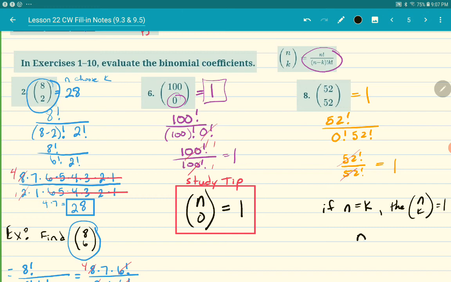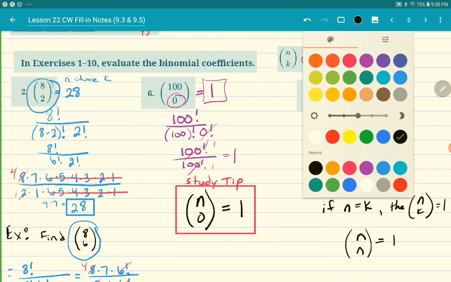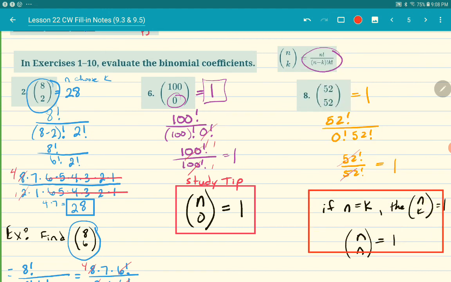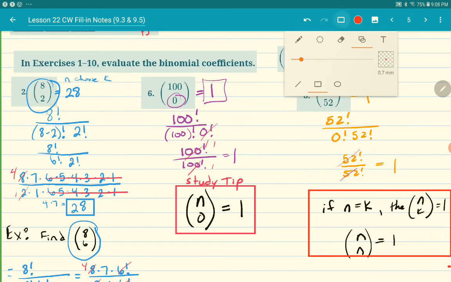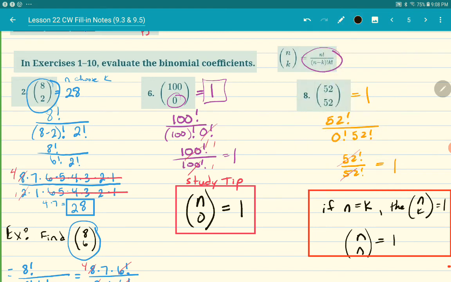Or it might be easier to see and think of it as n choose n. So that's my next study tip. So that's an always. So both of those red boxes are things that you can just remember are always true. If I'm choosing 0 or I'm choosing n, then it equals 1.